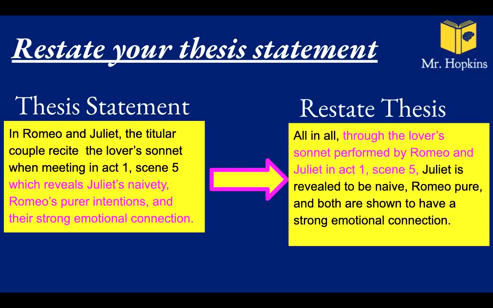All in all, through the lover's sonnet performed by Romeo and Juliet in Act 1, Scene 5, Juliet is revealed to be naive, Romeo pure, and both are shown to have a strong emotional connection. I've used the phrase here, all in all. And I've swapped how the how is presented. Here it's the what, but here I use the word through to show that this is how and this is what. Again, just restating it, different words.